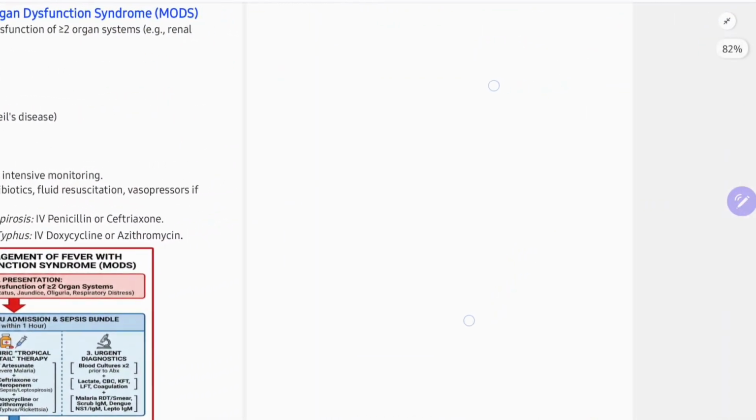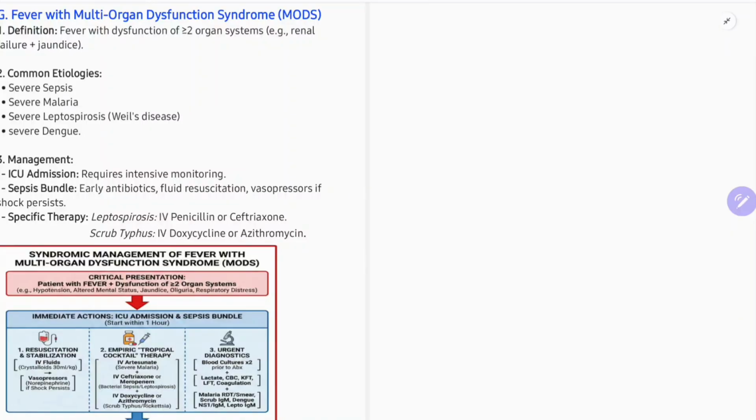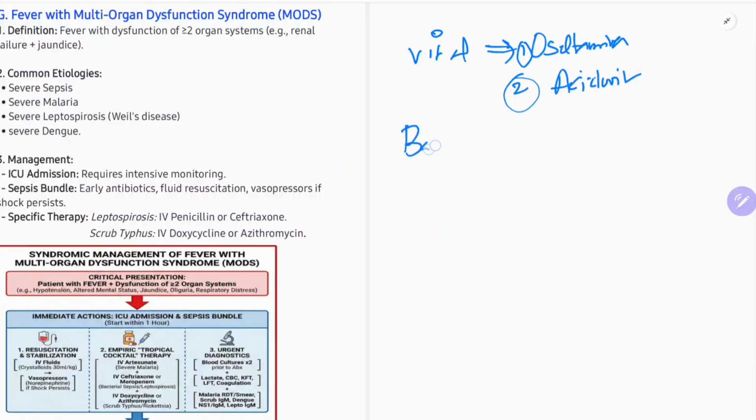One thing I want to highlight is the important drugs which we use. For viral, remember oseltamivir for influenza, and second, acyclovir for encephalitis. For bacterial, you can divide it.